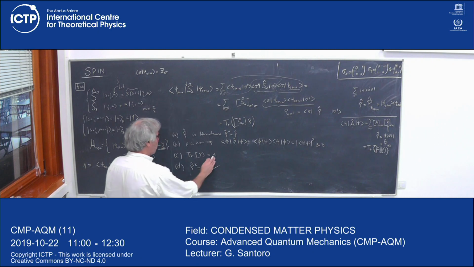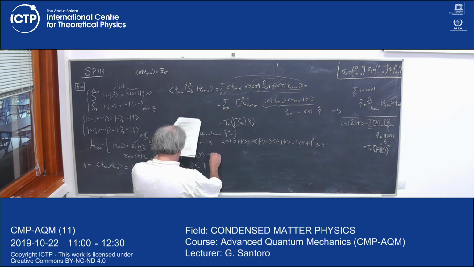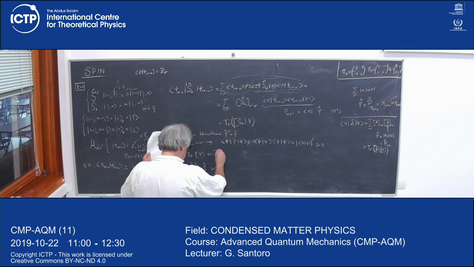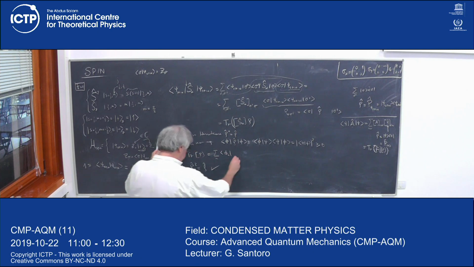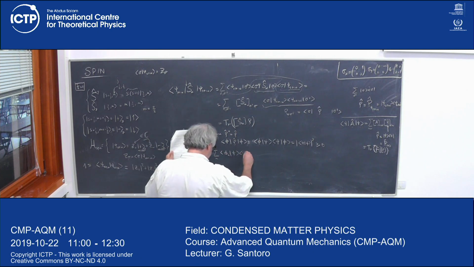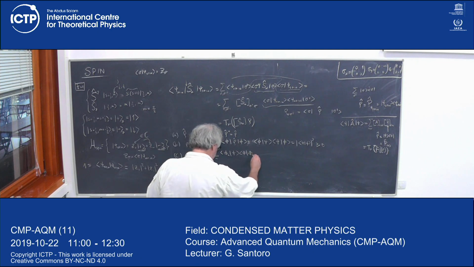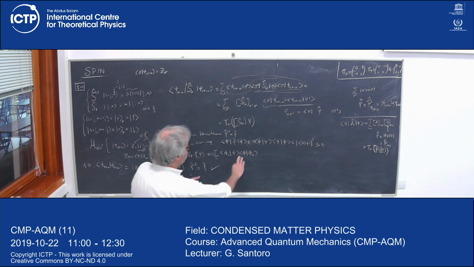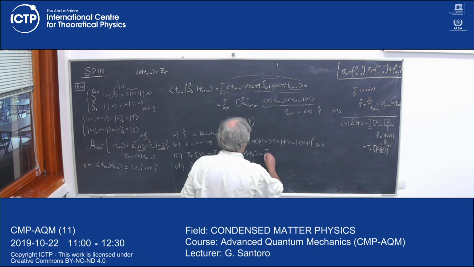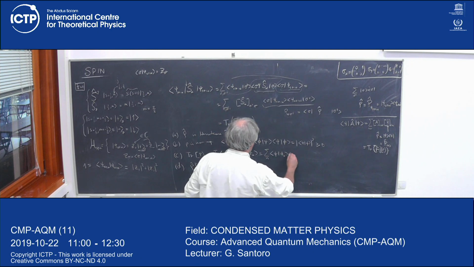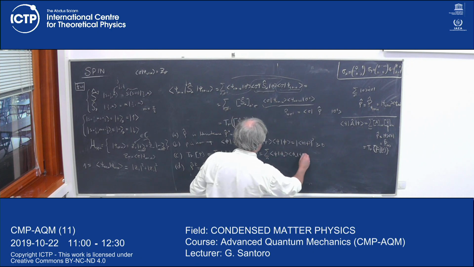The trace of rho, let me write it, is equal to the sum over any basis phi n of the projector, which is phi n, psi, psi, phi n. Now I rearrange these two things, exchanging them. Sum over n of psi, phi n, phi n, psi.